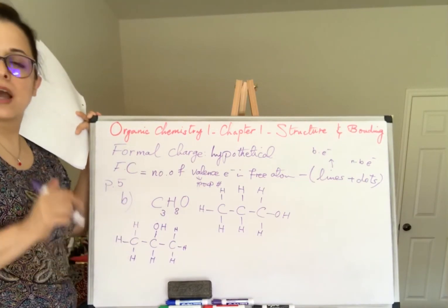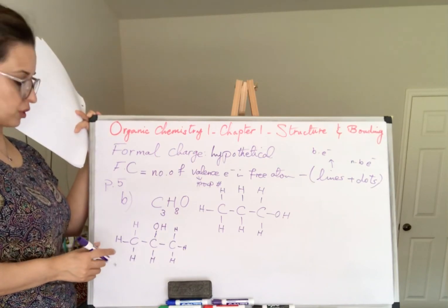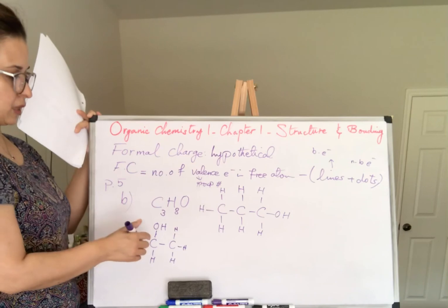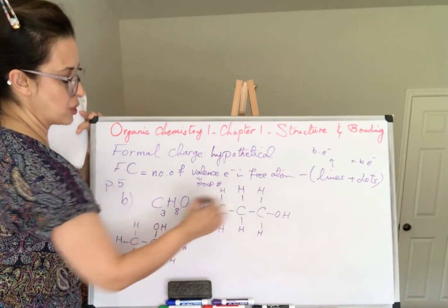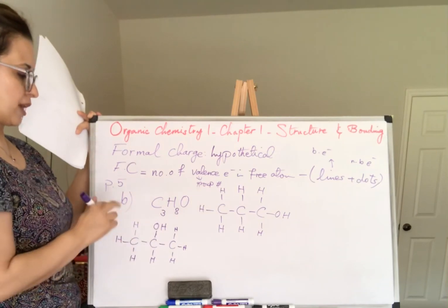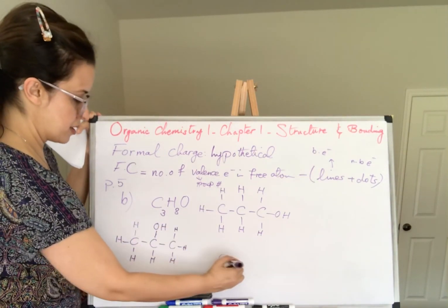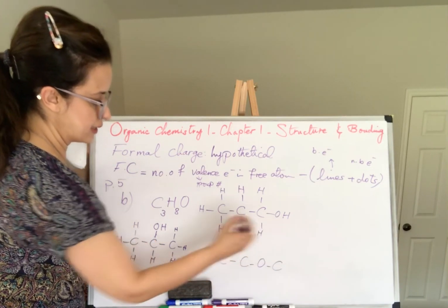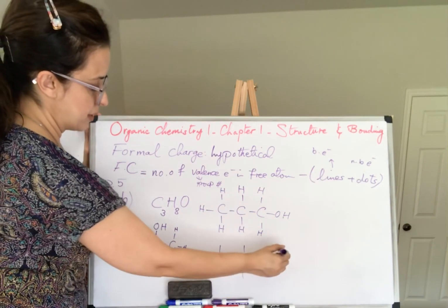So wait until you learn how to name. You already know how to name from general chemistry, but you don't know how to name the alcohols. Anyway, when we have the OH on the first and the second carbon, we have two different structures. And another structure, if you think of it, is this carbon-oxygen single bond.